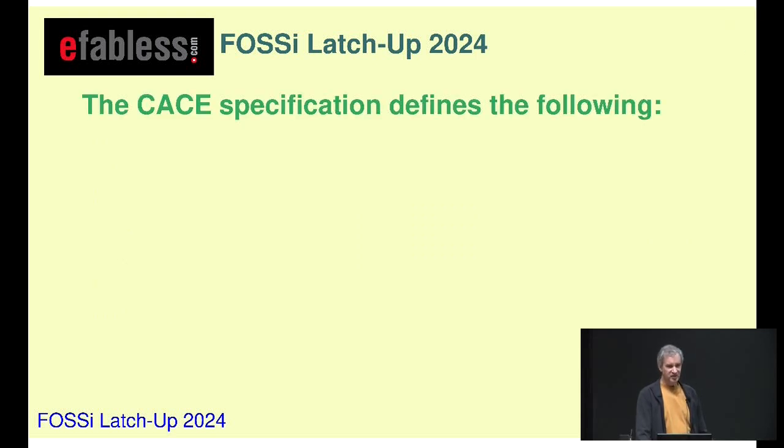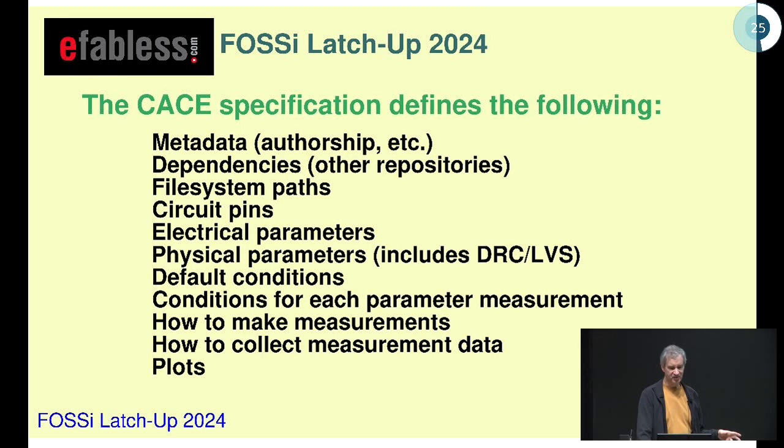So the root of this is a specification file that describes your circuit and specifies the circuit. And that has to have things like metadata, dependencies, file system paths, circuit pins, electrical parameters. That's the main part of it, the electrical parameters. Physical parameters, which are parameters based largely around the actual area of the chip and the physical verification.